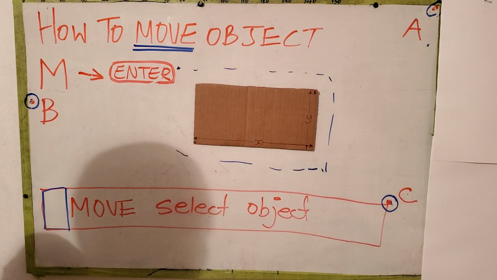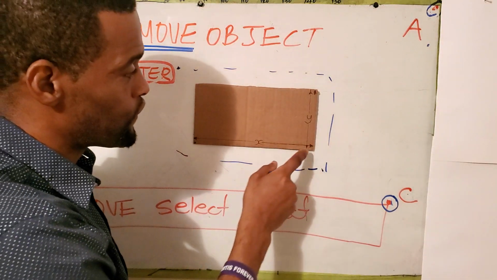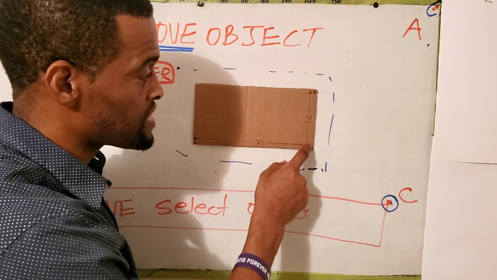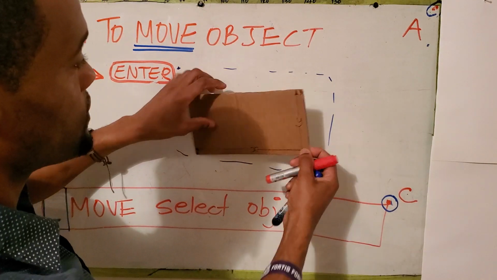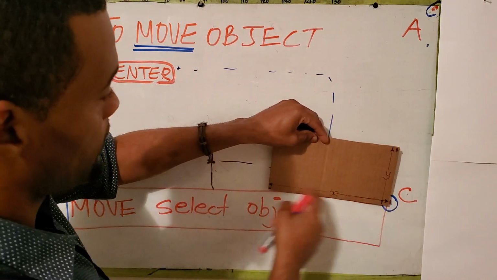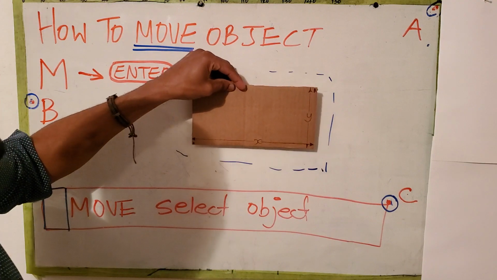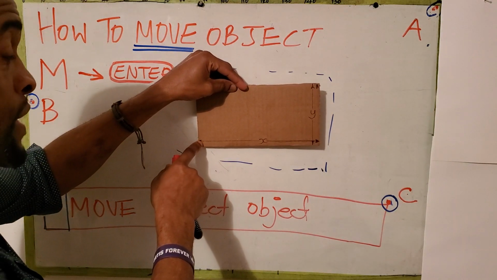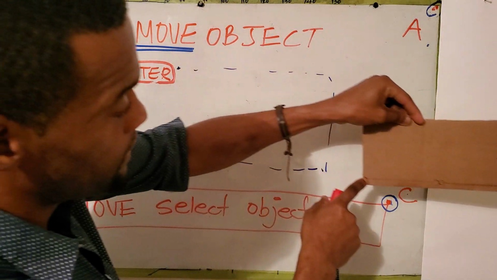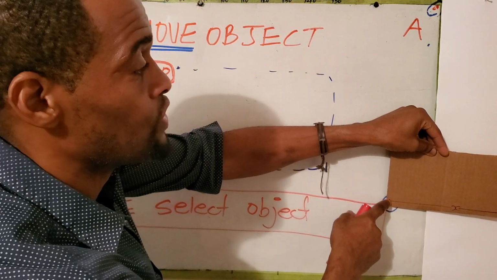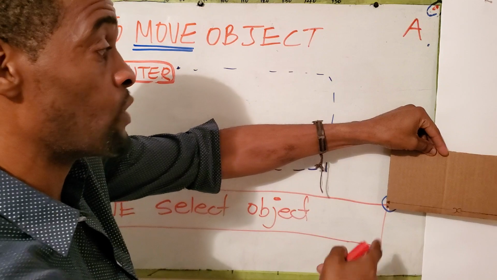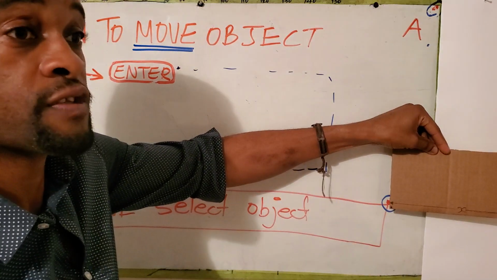Now, I will need to determine where to use as the base point. If I use here as a base point, the object will align here. If I use here as the base point, the object will align out here. So I will now need to decide where I want to use as the base point.